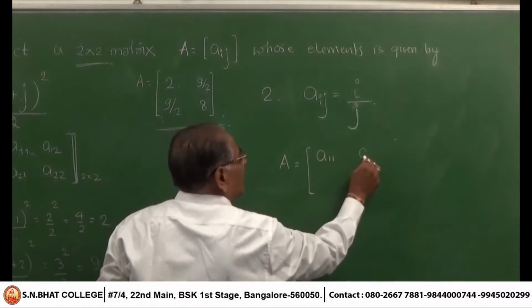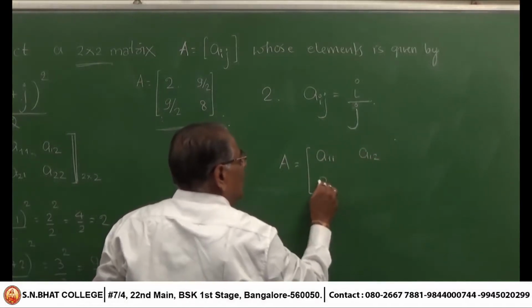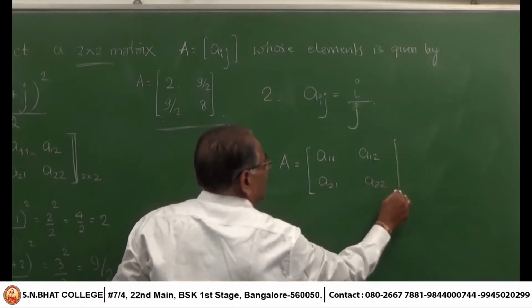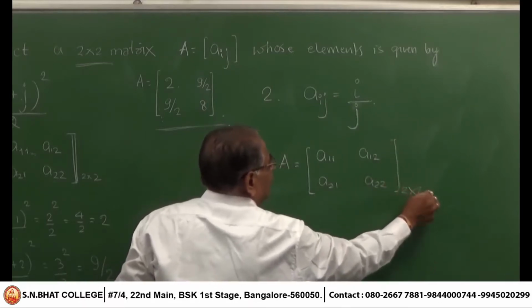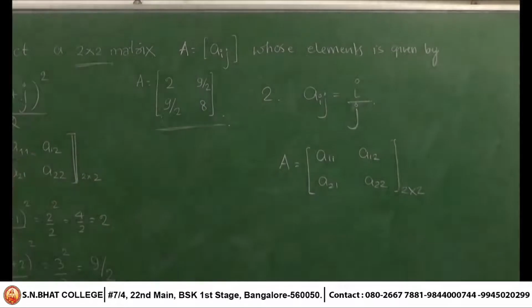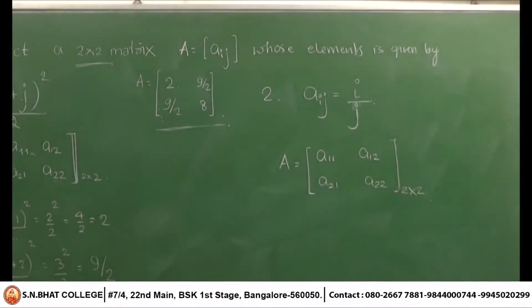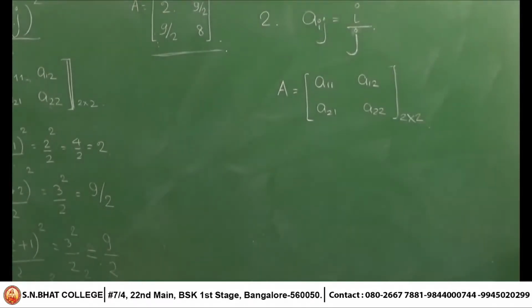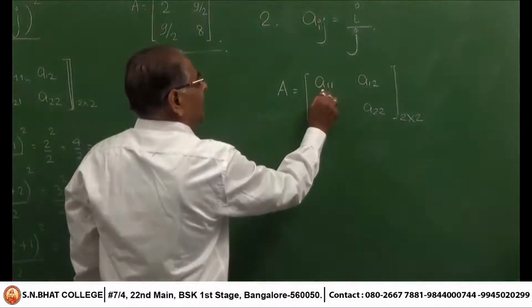A11, A12, A21, A22. It is a 2 cross 2 matrix because it has 2 rows and 2 columns. First, I am going to calculate A11.